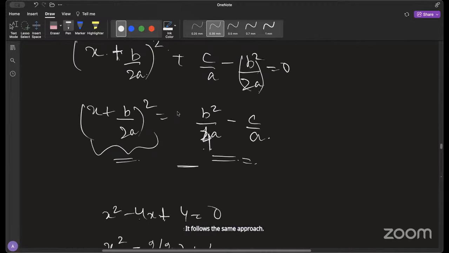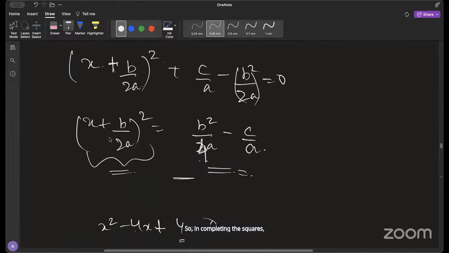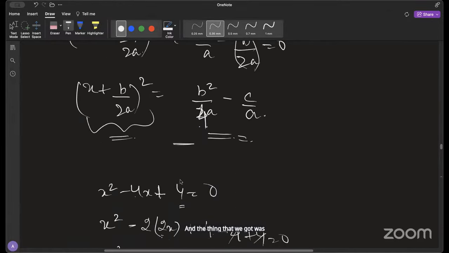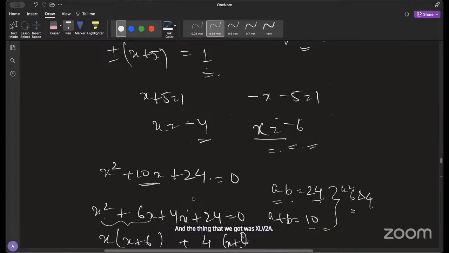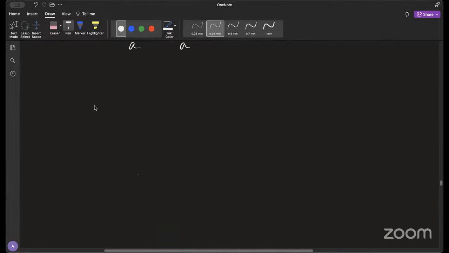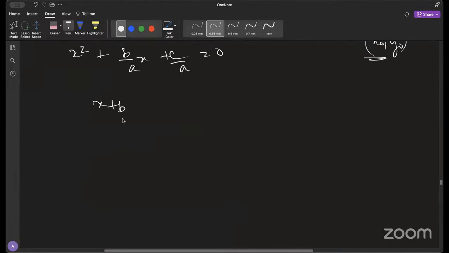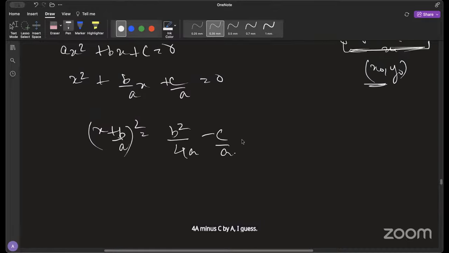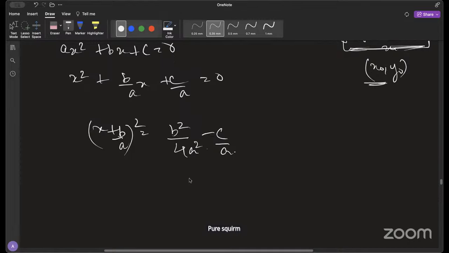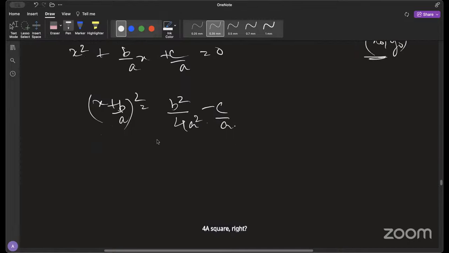In completing the squares, the thing that we got was x plus b by 2a, and here we got b square by 4a square minus c by a. This is what you get.